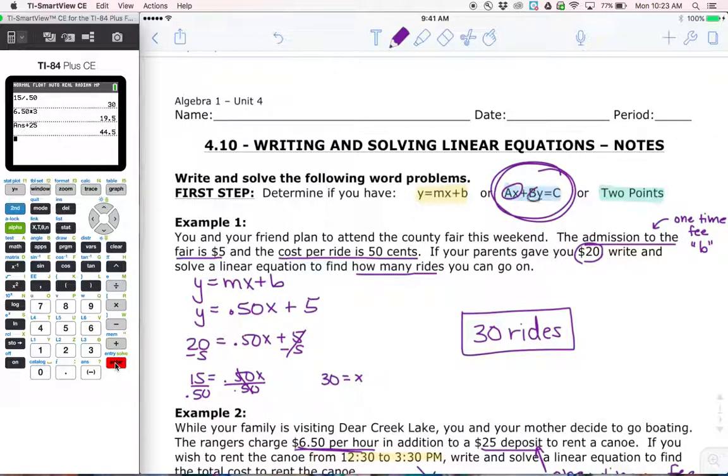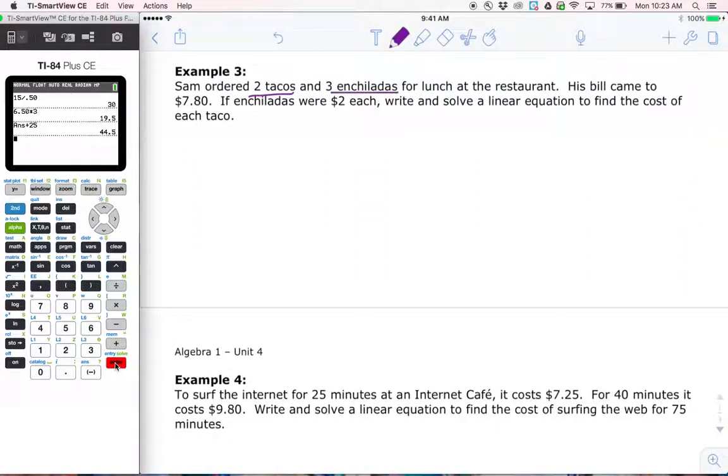Maybe this is tacos, maybe this is enchiladas. So I'm going to set this up using standard form, which is that one I just circled up there. So I'm going to set this up saying that we have AX plus BY is equal to C. And it doesn't matter what you use for A, what you use for B. So I'm going to say that tacos are X, enchiladas are Y. So it says that I've got 2 tacos and 3 enchiladas, and then it also tells me my total bill came to $7.80.